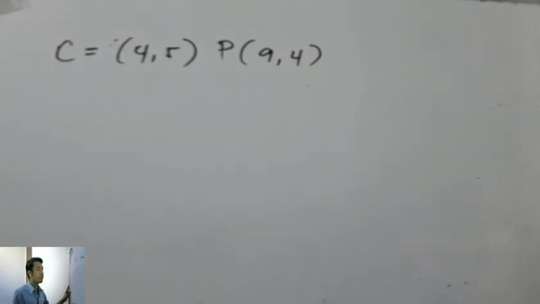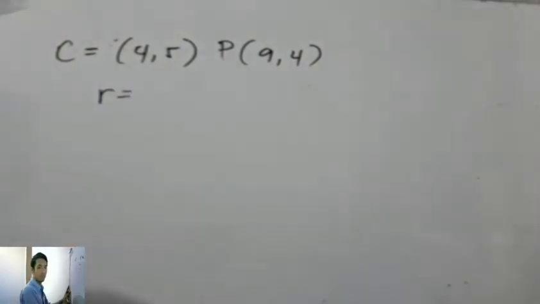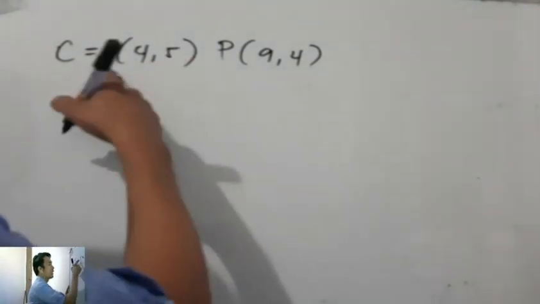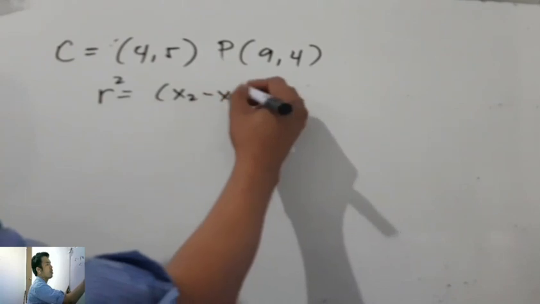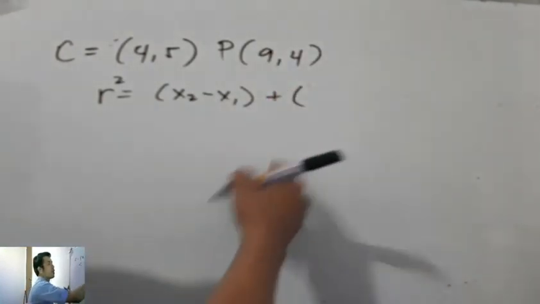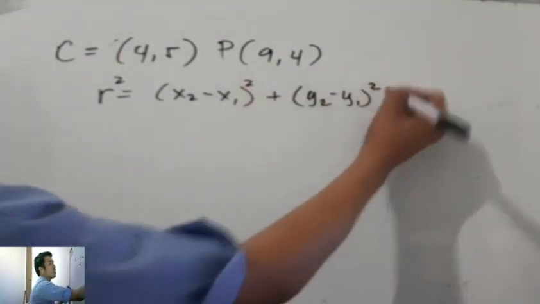Okay? So we all know the distance formula, so we're looking for the radius, so let's say r squared is equal to the quantity of x sub 2 minus x sub 1 squared, plus y sub 2 minus y sub 1 squared.